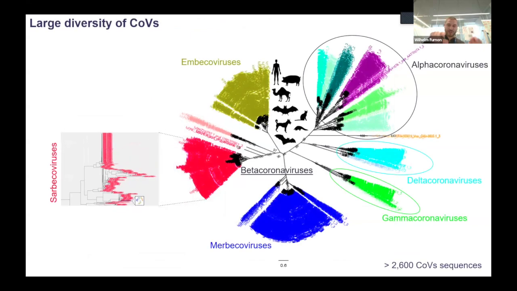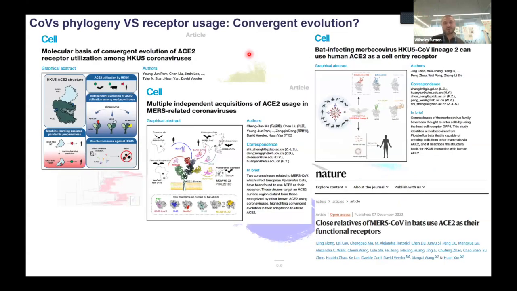And indeed, if we then explore a bit more and put this more into the context of the large diversity of coronaviruses, it is actually difficult to assume that they will all behave the same, or that one group of viruses will all behave the same, because if we look at the recent literature, we all thought that, for example, MERS-related coronaviruses, MERS-becoviruses, because MERS is using DPP4 as a receptor, they all use DPP4.